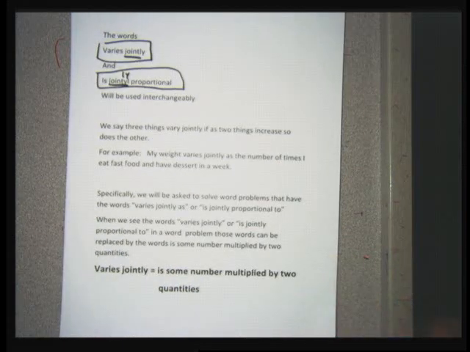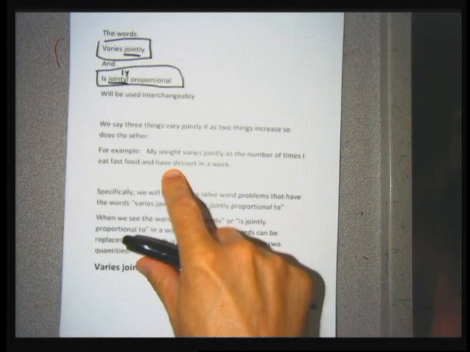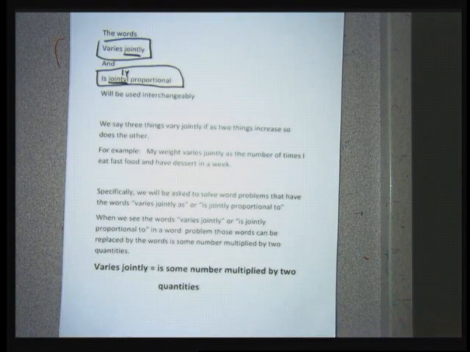So these are two items affecting the other. My weight is affected by both my fast food and the dessert, and that makes it a varies jointly. It's still going in the same direction. Both varies jointly and varies directly, when we get into the algebra of them, are multiplication problems. Varies inversely is a division problem.